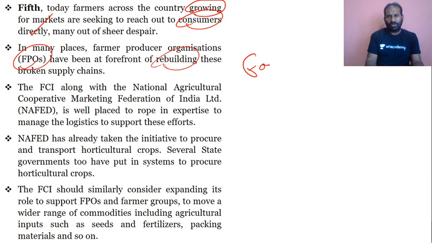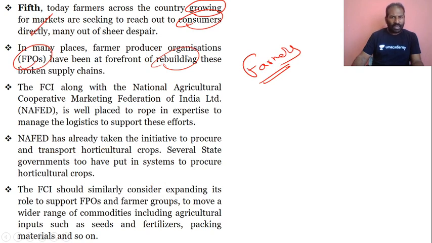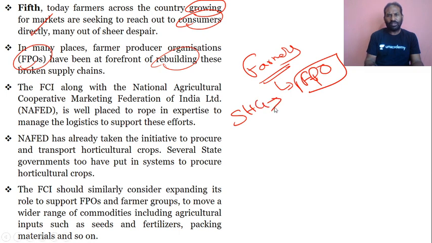We have looked at PDS, at the Pradhan Mantri Garib Kalyan Yojana, at the National Rural Livelihood Mission through self-help groups, and now again at farmers through the Farmer Producer Organization. Look at the various things: self-help groups, and now Farmer Producer Organizations.